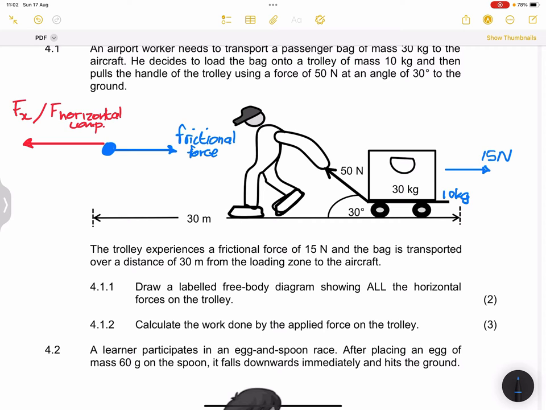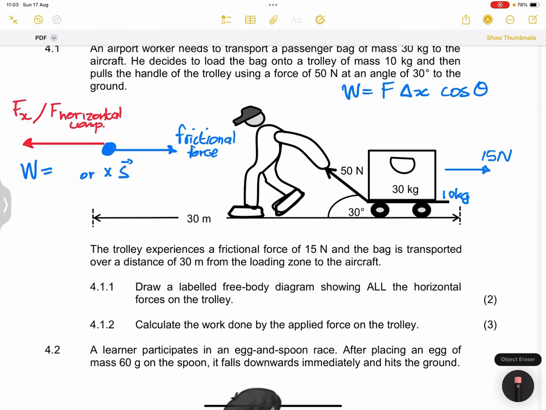I could find the horizontal component, and say the work done would be the horizontal component of the applied force multiplied by the distance. Alternatively, I could use the principle that work done is force multiplied by the displacement, multiplied by the cos of angle theta. I'll show you what I mean by both.